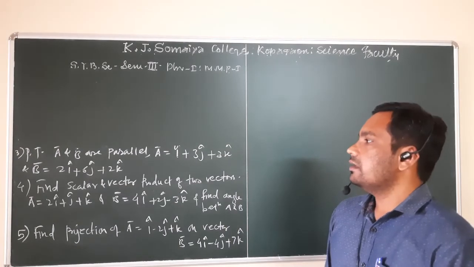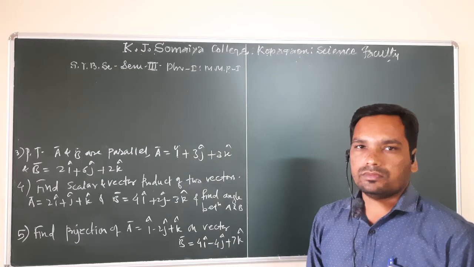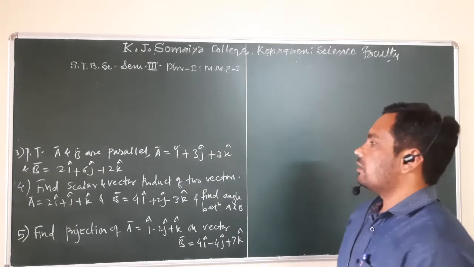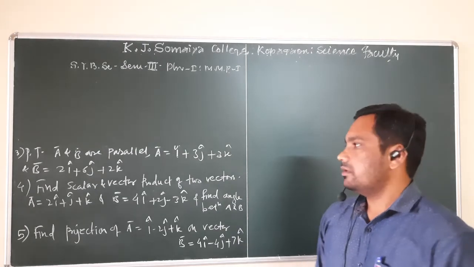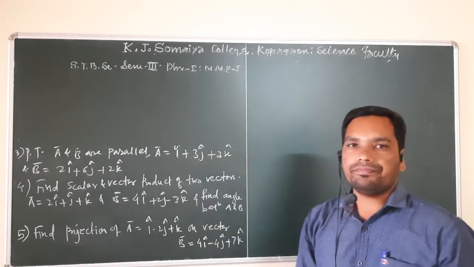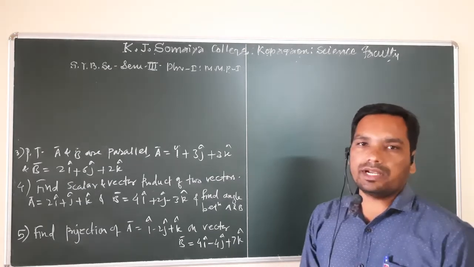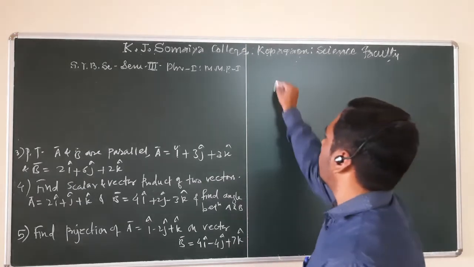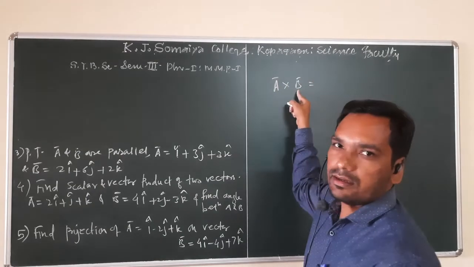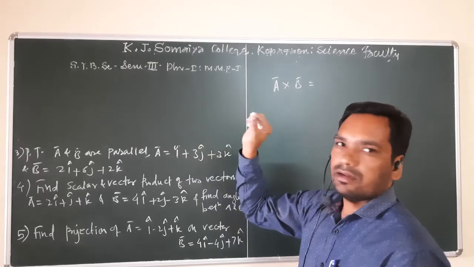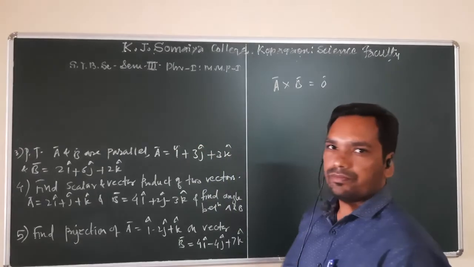We know that if two vectors are parallel, then the angle between them is 0, and their dot product A dot B is nothing but the multiplication of magnitudes. But if we take the cross product of two vectors which are parallel, then vector A cross B is AB into sine theta. In case of parallel vectors theta is 0. That's why their cross product is 0.